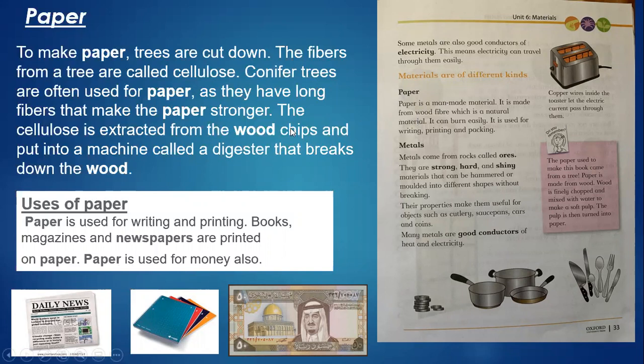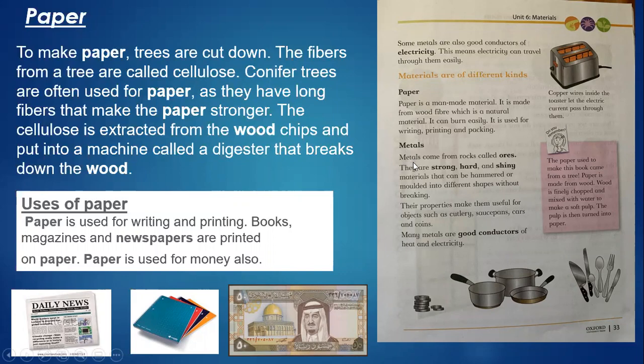You have a lot of paper around you in the form of your notebooks, your books, newspapers, printed pages, or paper for the printers if you want to print something from your computers. So many kinds of paper you have around you.